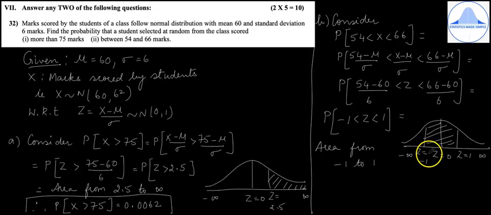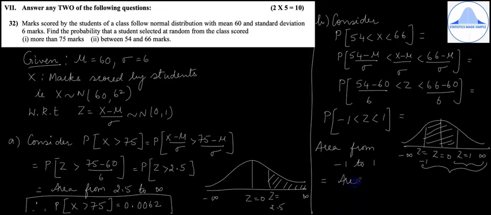So now look at the starting point of the shading, that is minus 1. So from minus 1 to infinity we find out the area, and then the ending point of the shading is 1. So from 1 to infinity we find out the area. So the larger bracket area minus the smaller bracket area will give the shaded area.